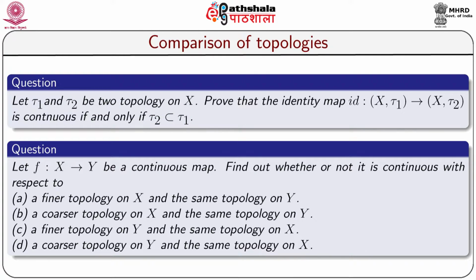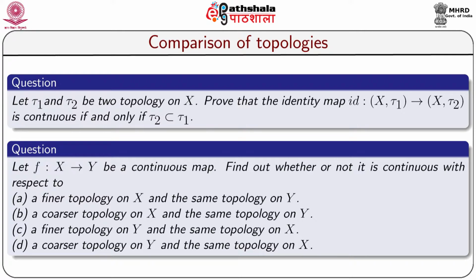In fact, what does the identity map do? The identity map takes any set to that set. So, for the identity map from tau 1 to tau 2 to be continuous, tau 2 must be contained in tau 1.